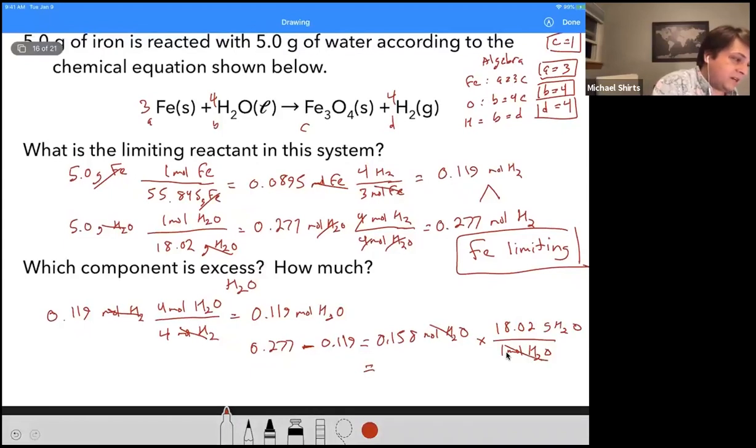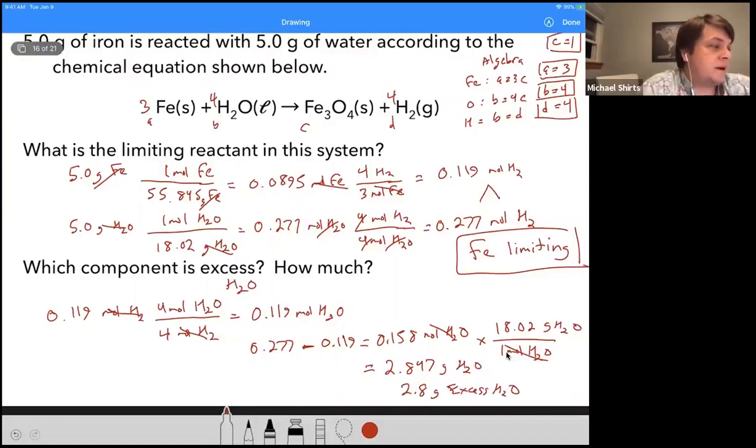We get 2.847 grams of H2O. That would be 2.8 grams excess H2O. Okay. So that would be the amount of excess.